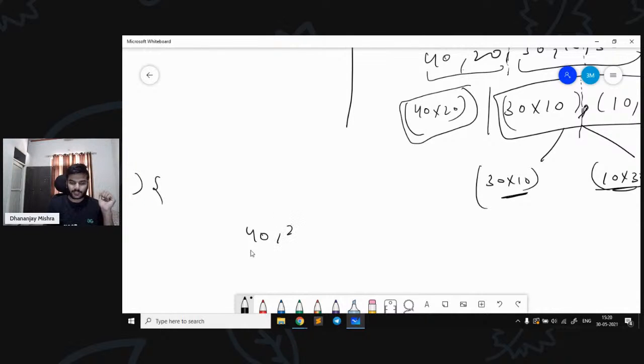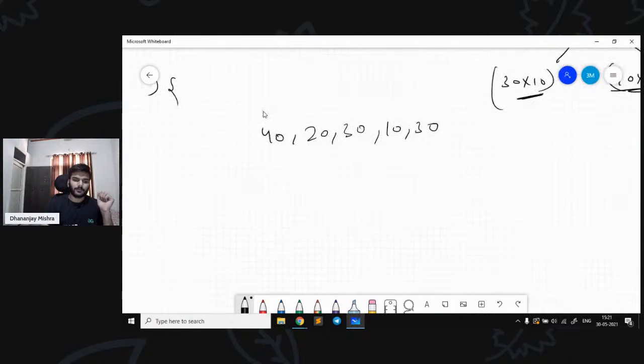For example, 40, 20, 30, 10 and 30. For this example, if I put my start pointer here and end pointer here, do you think it will work? No, it will not work, because if my start is here, to get a matrix I should have a previous dimension also, but it is not possible. So our start will not start from here.